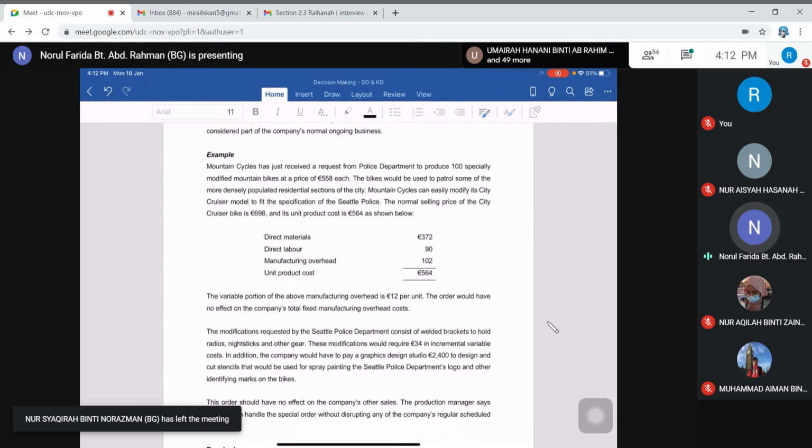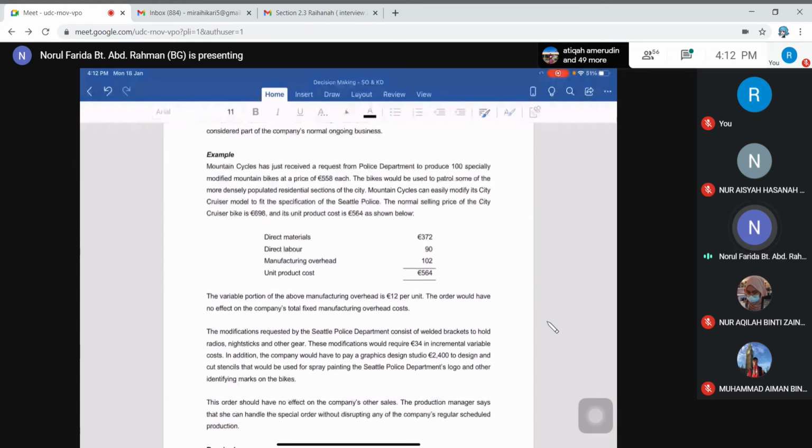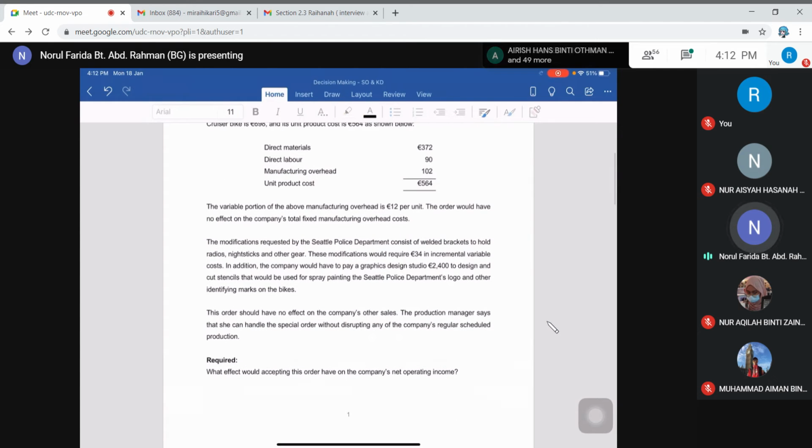In addition, the company would have to pay a graphic design studio 2,400 to design and cut stencils that will be used to spray painting the logo and other identifying marks on the bikes. This order should have no effect on the company's other sales. The production manager says that she can handle the special order without disrupting any of the company's regular schedule production. So what effect would accepting this order have on the company's net operating income?